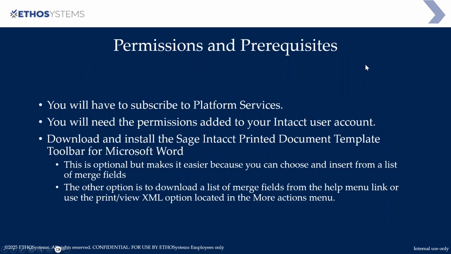Okay, so the permissions and prerequisites required: you'll have to have subscribed to platform services, and you'll need permissions added to your Intacct user account. Third, you can download, and this is actually optional, a link when you get into platform services where you can download and install the Sage Intacct printed doc template toolbar, an add-in for Microsoft Word.